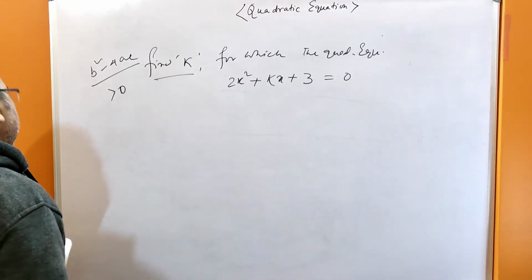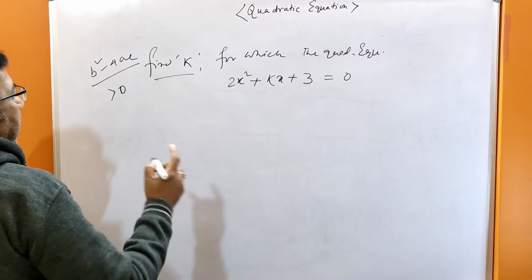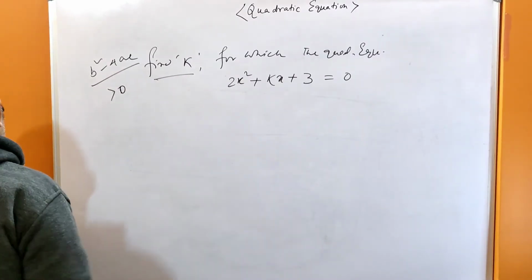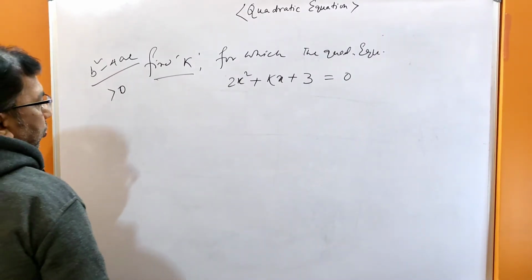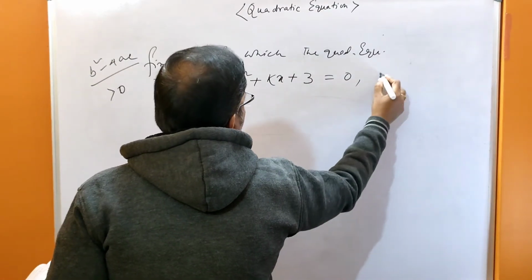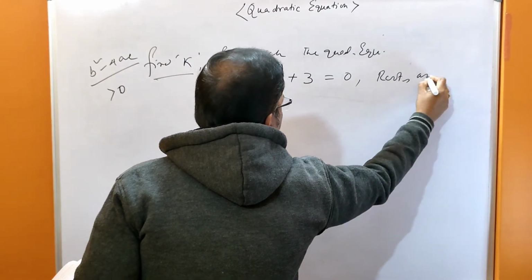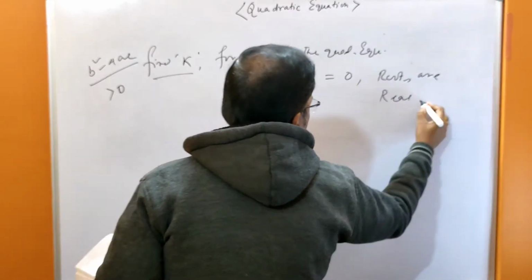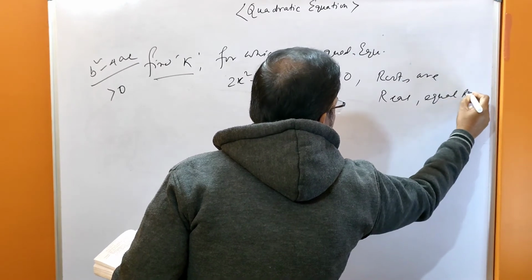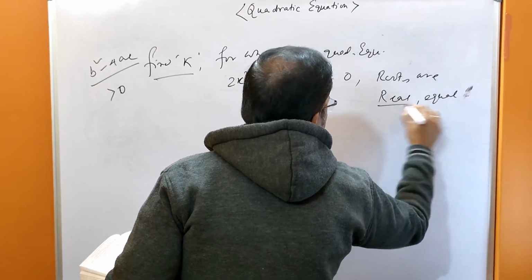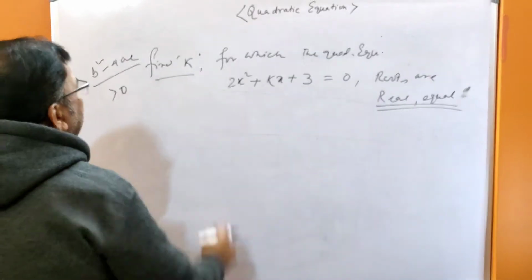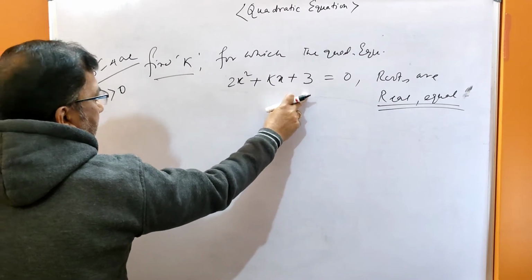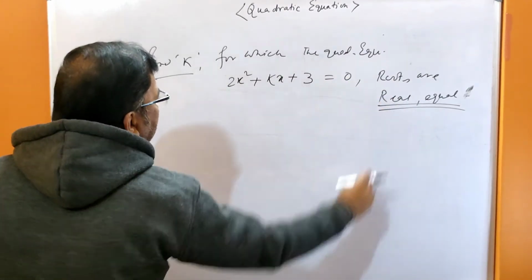And also a condition will be given, in which this quadratic equation has 2 roots and those 2 roots are real and equal roots. Roots are real and equal. This is the condition given. Find the value of k for which the quadratic equation 2x square plus kx plus 3 equals to 0 has roots that are real and equal.